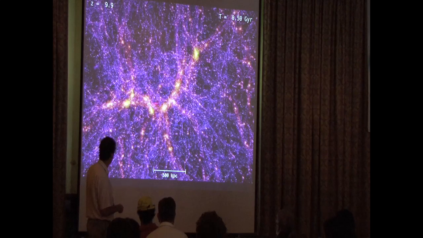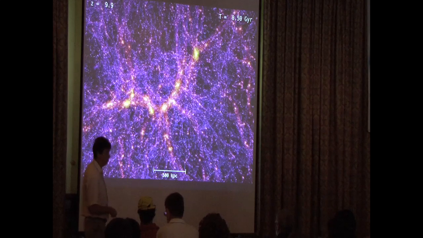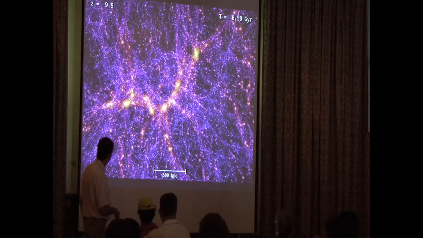So these things all have masses now of 10^10 solar masses. So that's big enough to hold quite a large dwarf galaxy. As I said, all this stuff is going to be part of the Milky Way's halo. These individual objects could already have quite sizable dwarf galaxies inside them, maybe powering the reionization.